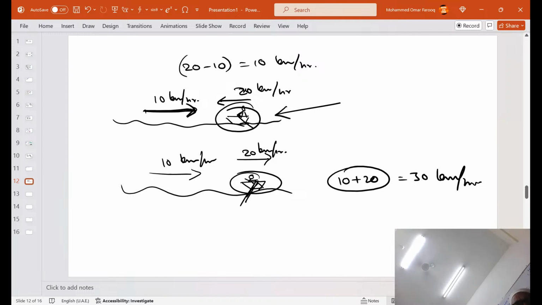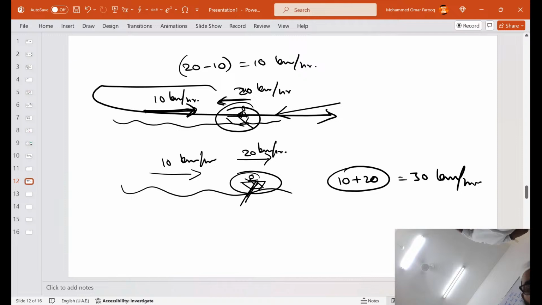Salman, greater. Yes. Since if it is greater, then only it will go upstream and come back. If it is less than 10, he will never go upstream. So that's the reason we have to understand that the speed of the boat is more than the speed of the stream.